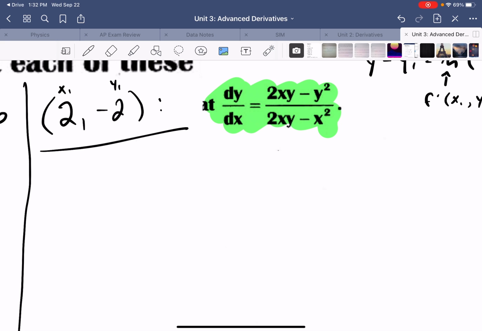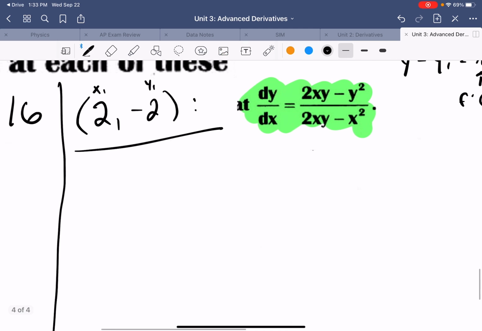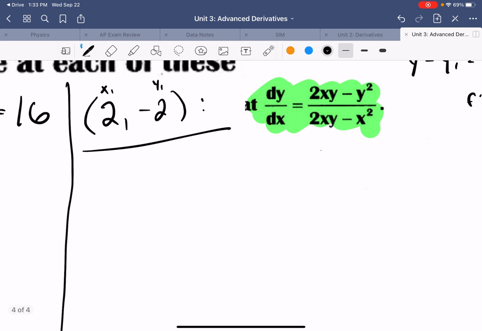So if I want to find the slope, I can plug in the (2, negative 2) into that dy/dx. The notation for this, you can either write it as dy/dx with a bar after it, and then write your coordinate as a subscript at the bottom of this bar. Or if you prefer, you could just write f prime of (2, negative 2).